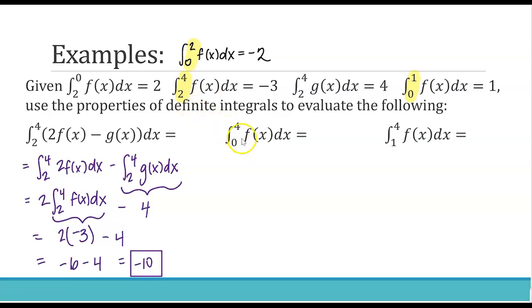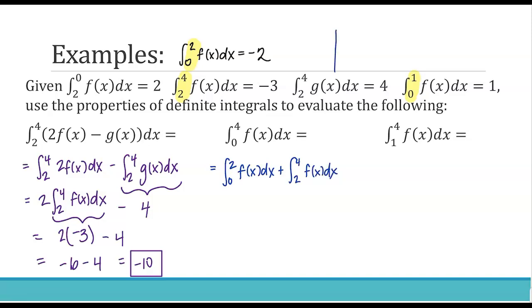So here's where we start to use one of our properties of definite integrals. That property is the one where if we do happen to have a value in between 0 and 4, and two integrals that involve that separate value in the correct way, we can split this up. So this can be written as the integral from 0 to 2 of f of x dx plus the integral from 2 to 4 of f of x dx.